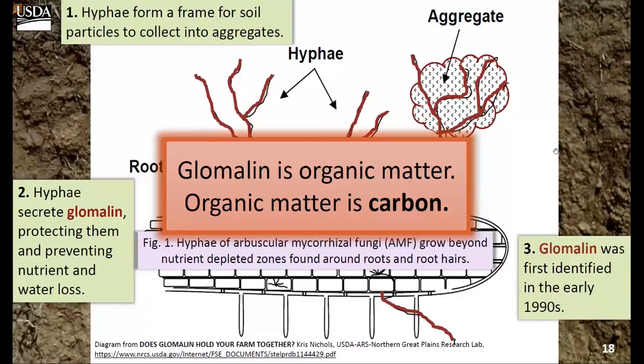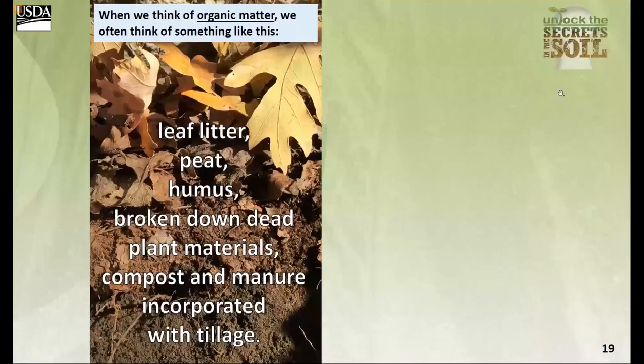Sure. So glomalin is organic matter, and remember, organic matter is carbon. When we think of organic matter, we usually picture something like this. We picture leaf litter, we picture peat, humus, broken down dead plant materials, compost, manure, things that we incorporate with tillage.